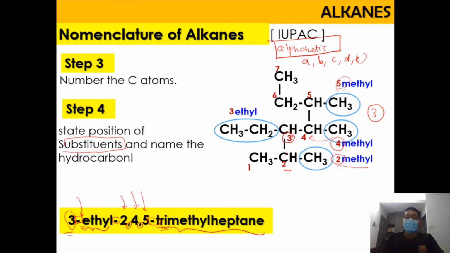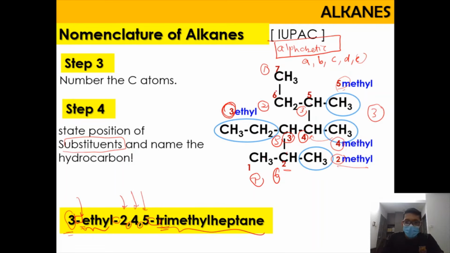Okay, and some of you might say, sir, why can't we write the number from 1 here, 2 here, 3 here, 4 here, and 5 here, 6 and 7 here? Why can't we do that? Okay, the answer is that because we need to get the lowest number possible for the first substituent.